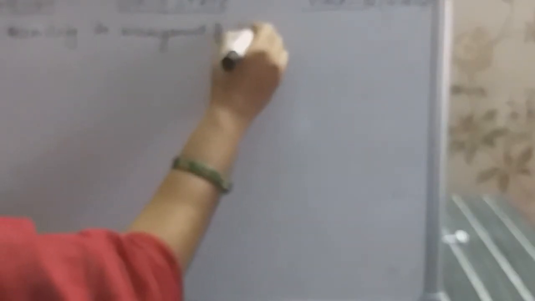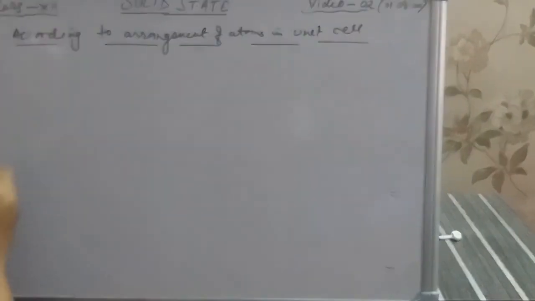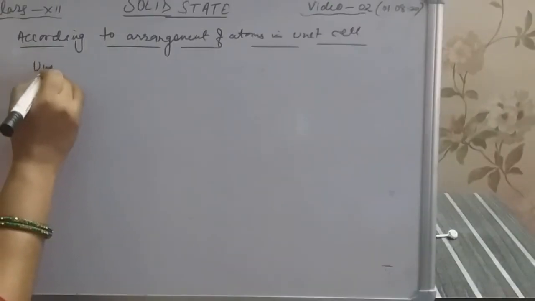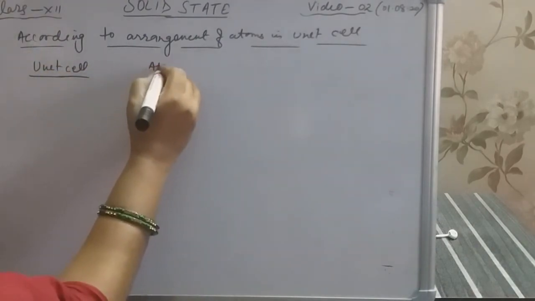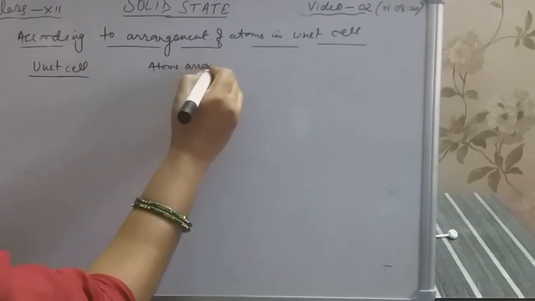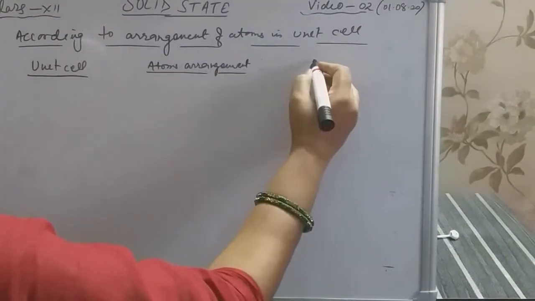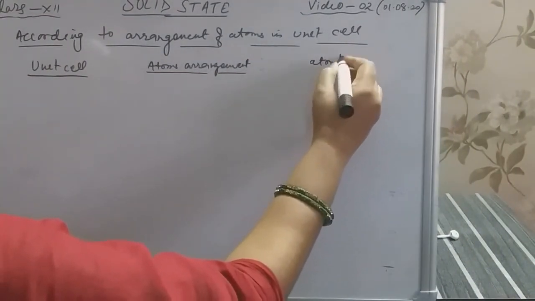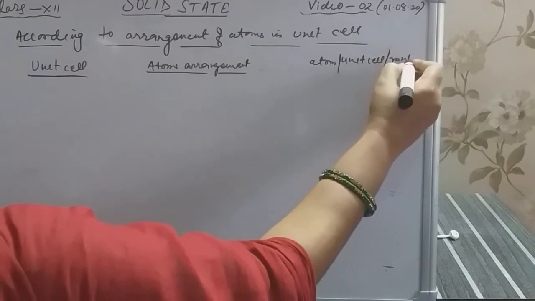First write down unit cell, and next atoms arrangement, and atoms per unit cell, or we call it rank of unit cell.